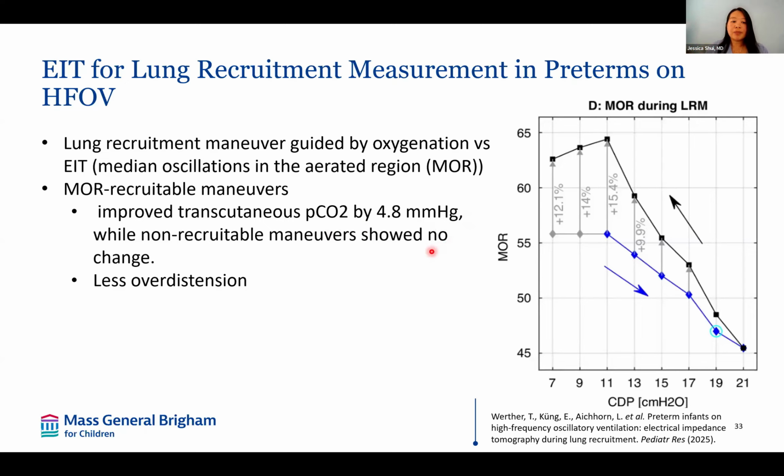And for those not using the EIT guidance, EIT was able to measure that those non-recruitable maneuvers didn't improve their ventilation, and they also showed that with EIT guidance there was relatively less overdistension in the final setting compared to the ones using just the usual standard of care without this data.